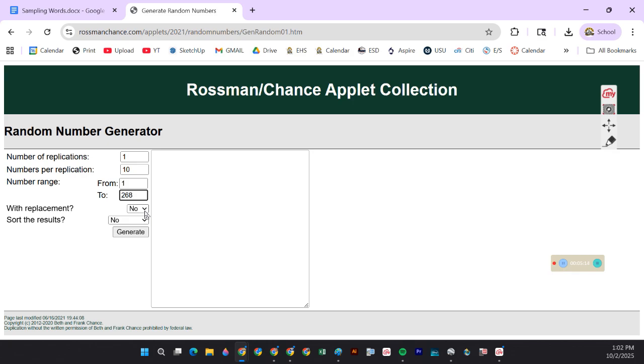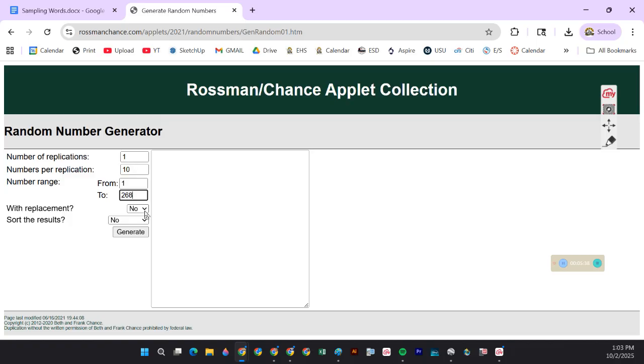And with replacement, what does that mean? Do you want to allow duplicate words? If it's truly random, it would be yes, right? And in this case, it doesn't really matter. Technically, we don't want the same person twice. But as long as your population is large enough, the chance of getting the same person twice is so tiny that we don't even care.